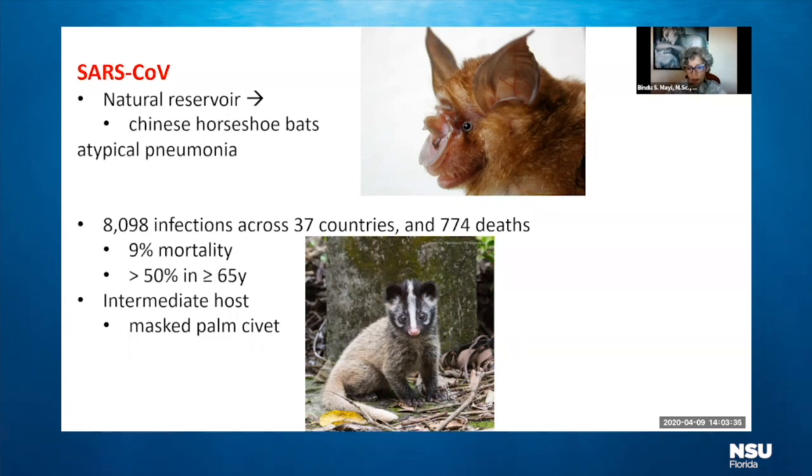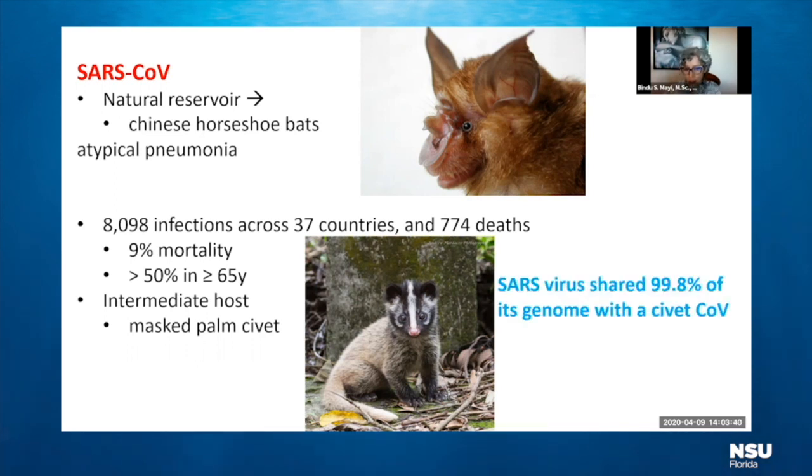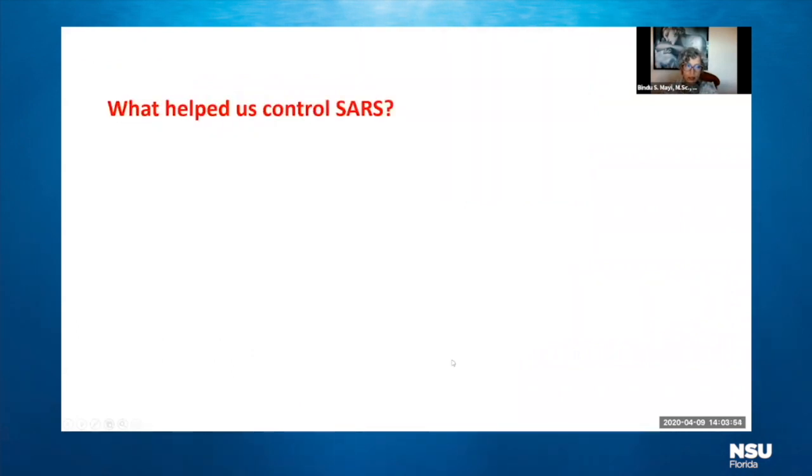The virus then underwent a mutation so that now it could show sustained human-to-human transmission as well. When the virus was subsequently genomed, we saw that it shared about 99.8% of its genetic sequence with a coronavirus that was isolated from a masked civet. This controlled SARS. When it burst onto the scene in about 8 months or so, it petered out, and we haven't seen it since.